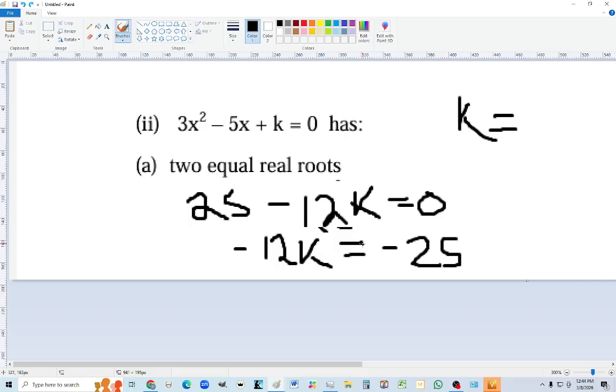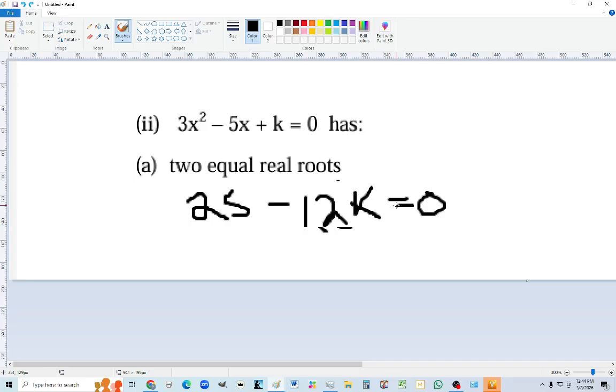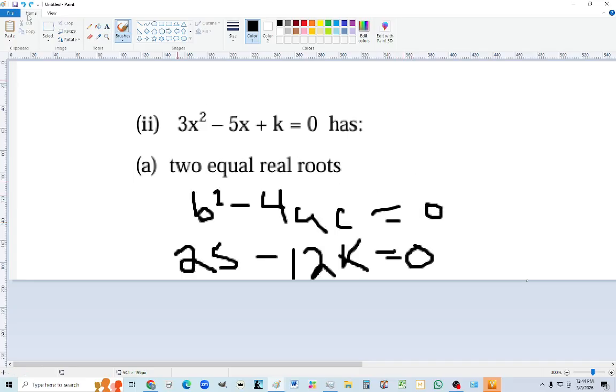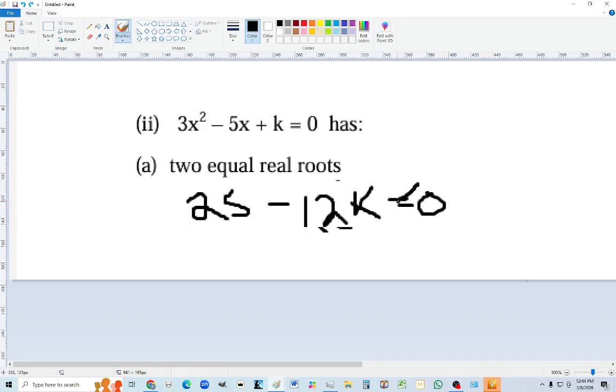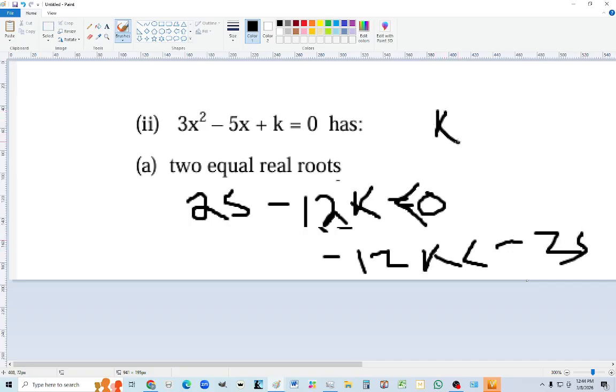Now, instead of doing that again, I'm going to look for the one where we have no roots. When we have no roots, it must be negative or smaller than 0. We get minus 12k is smaller than negative 25. When I divide by minus 12 this time, I must switch the sign. It becomes k is bigger than 25 over 12.